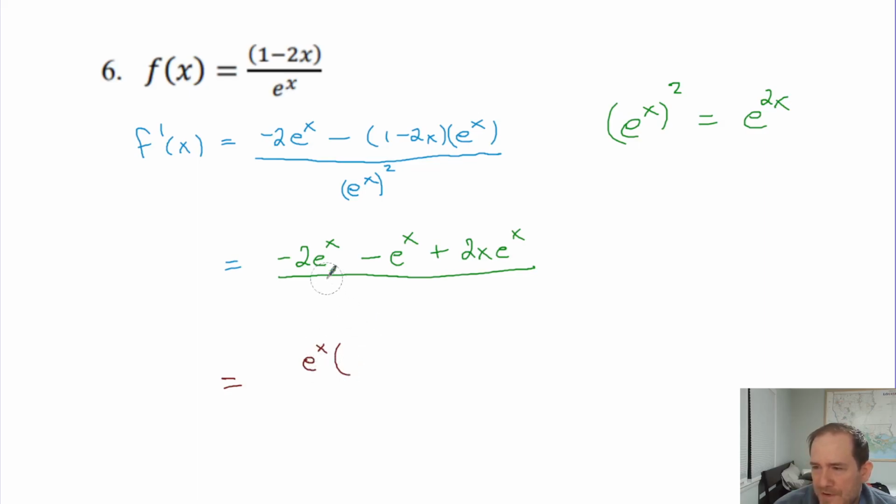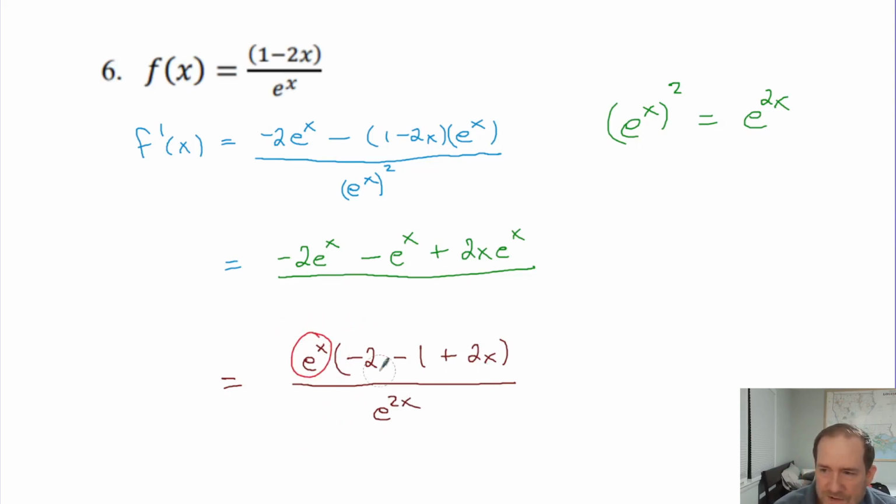And by the time we're done factoring out that e to the x, we would have a negative 2 minus 1 plus 2x. Yeah. And so then if you had rewritten this as e to the 2x, then you may not notice, or you may forget, how this e to the x and this e to the 2x could be reduced, or if they even could be reduced.